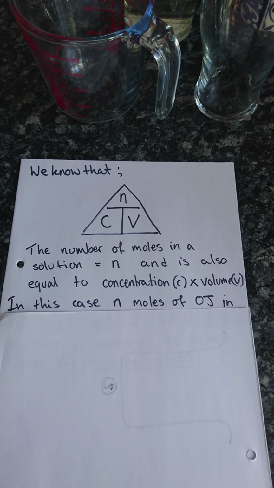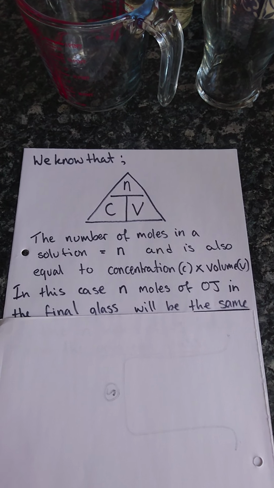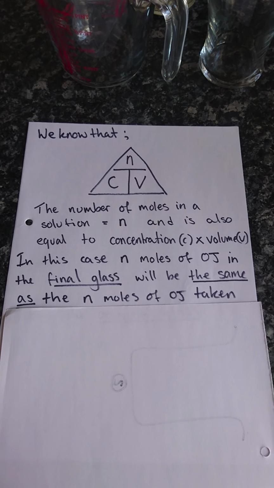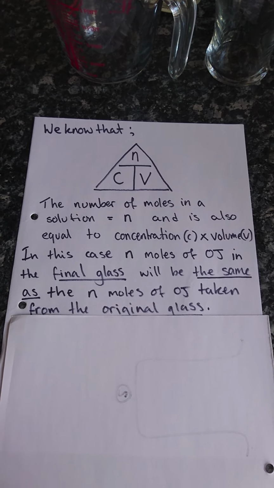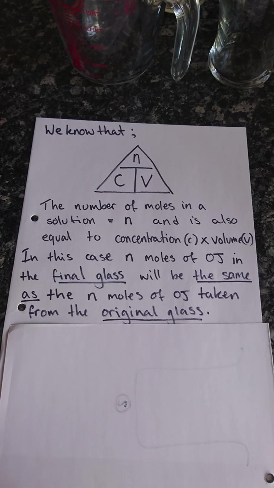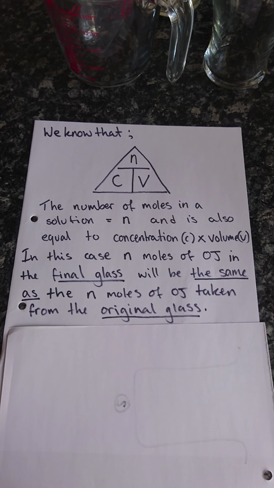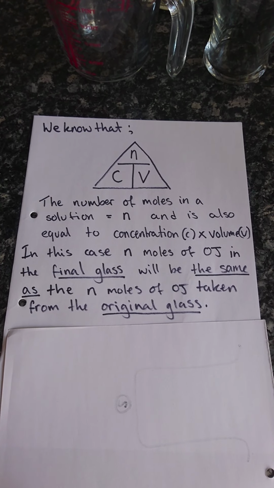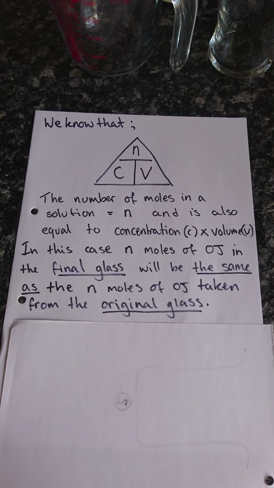And in this case, the number of moles of orange juice in the final glass is going to be the same as the number of moles of orange juice taken from the original glass. So let's just recap on that.